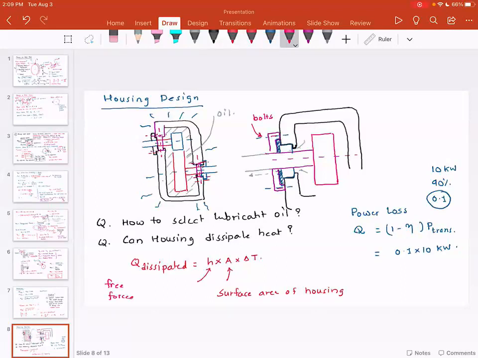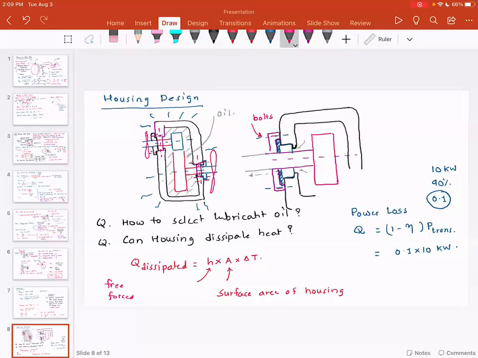What it means is sometimes you might have seen that on this shaft there is a fan. This is very common at the end of an electric motor, where you would see a fan, and the reason is they want to cool the motor coils.